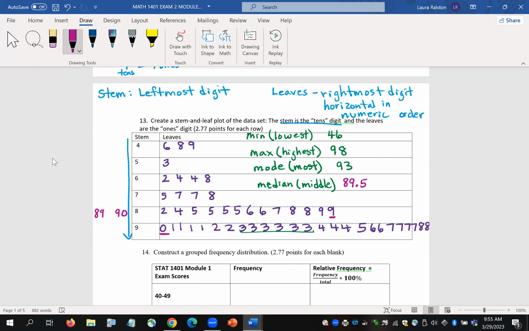It's just a way to organize the data. Again, it works best for small data sets. It allows me to order it.